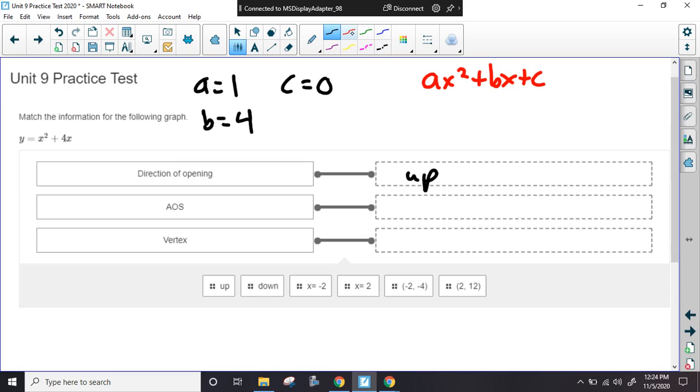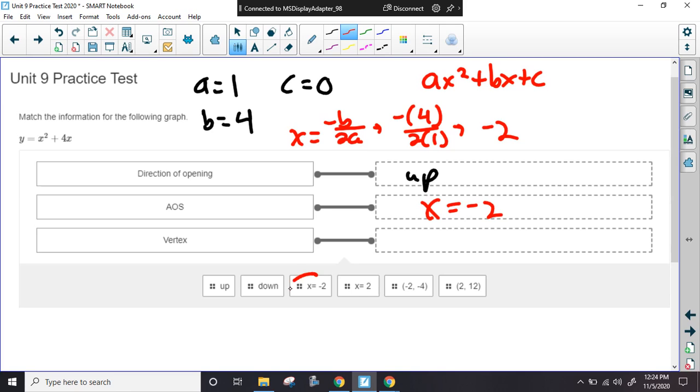The AOS is x equals negative b over 2a, which is negative 4 over 2 times 1, which is negative 2. So this would have been x equals negative 2.